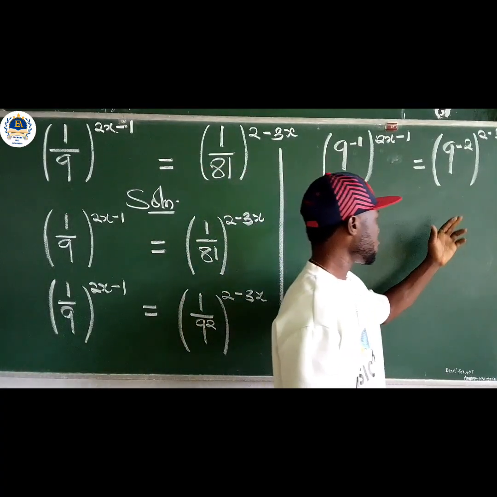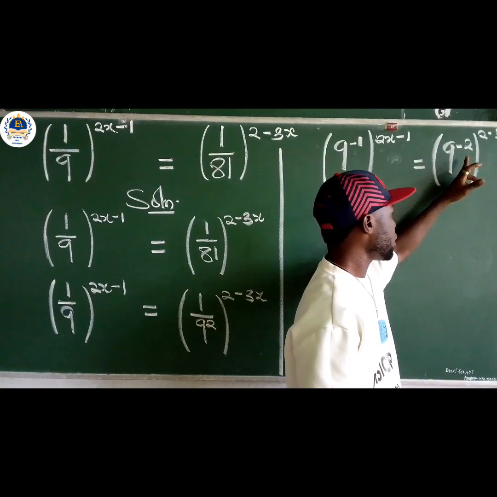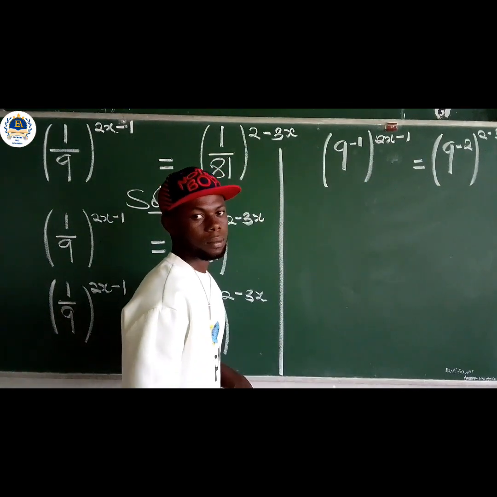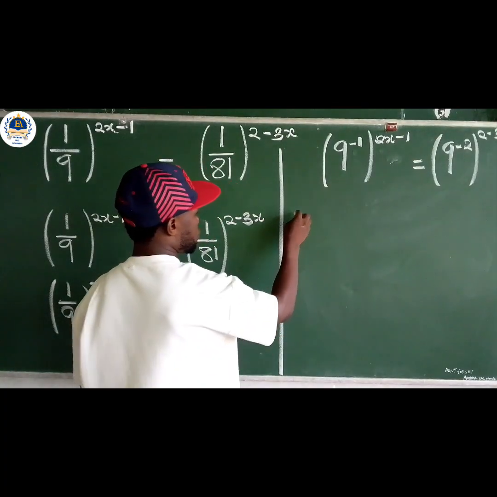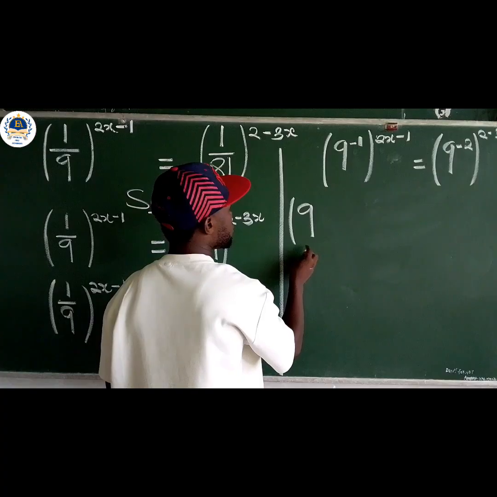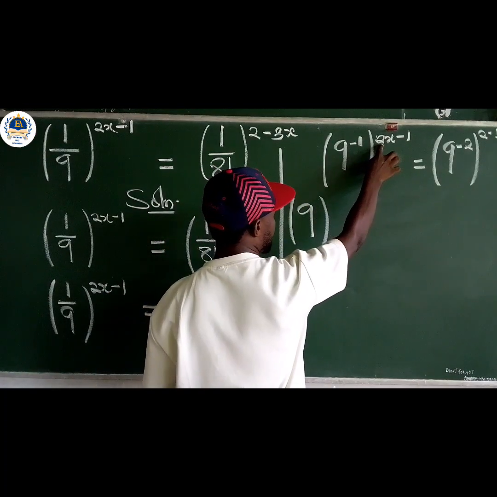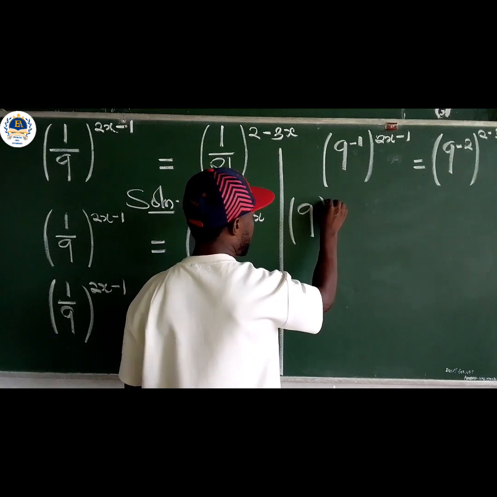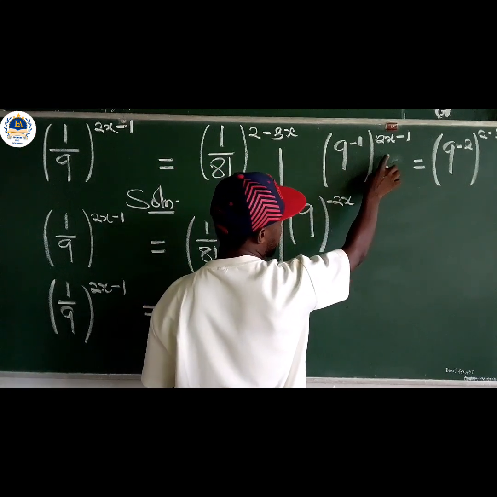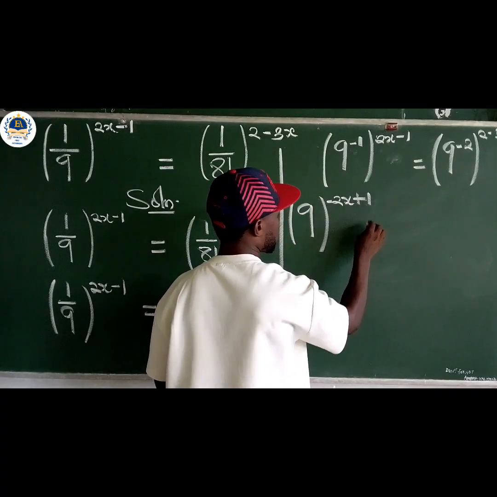Over here we have to obtain minus 2 times 2, then minus 2 times minus 3x. So this becomes, in bracket, 9 raised to the power of minus 1 times 2x gives minus 2x. Minus 1 times minus 1 gives plus 1.